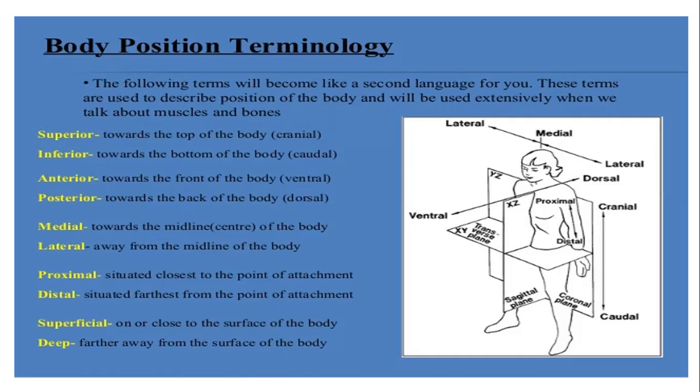Those are considered deep muscles. For instance, let's take pectoralis major and pectoralis minor. Pectoralis major is that big muscle on your chest. It attaches to your sternum, it attaches to the clavicle, and it actually inserts in the bicipital groove. Well, that's a very superficial muscle. It's very close to the skin.